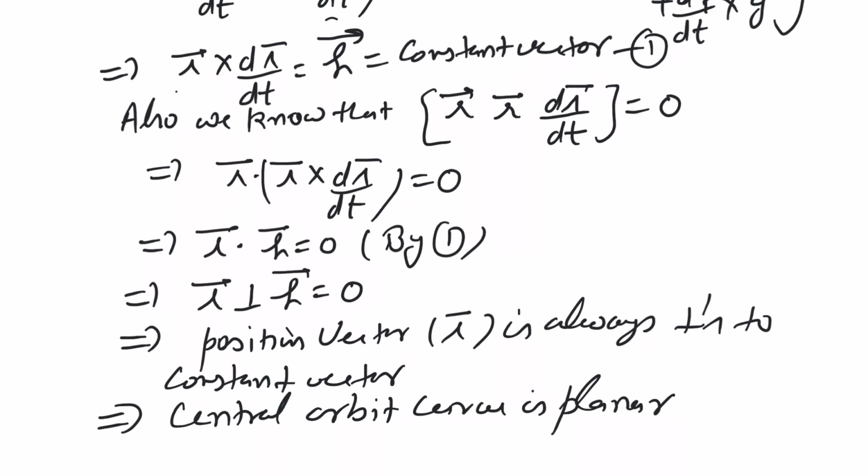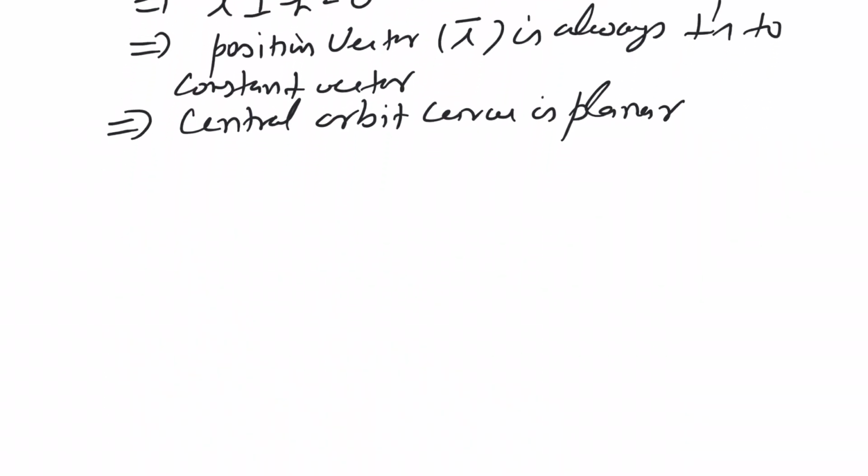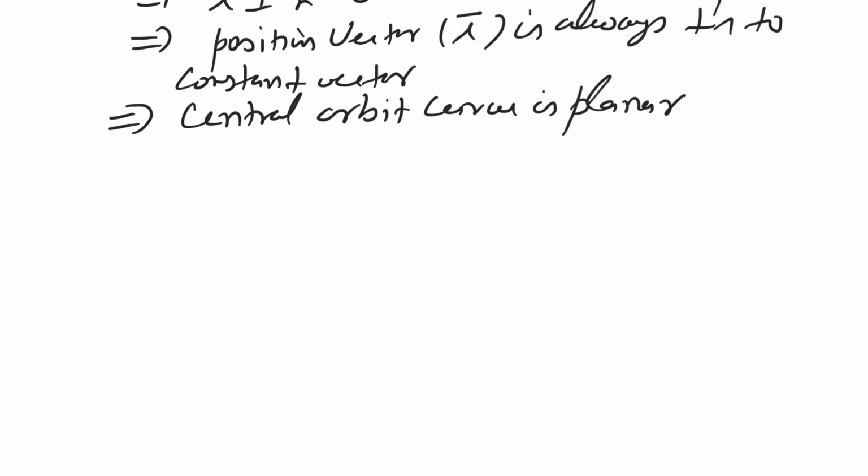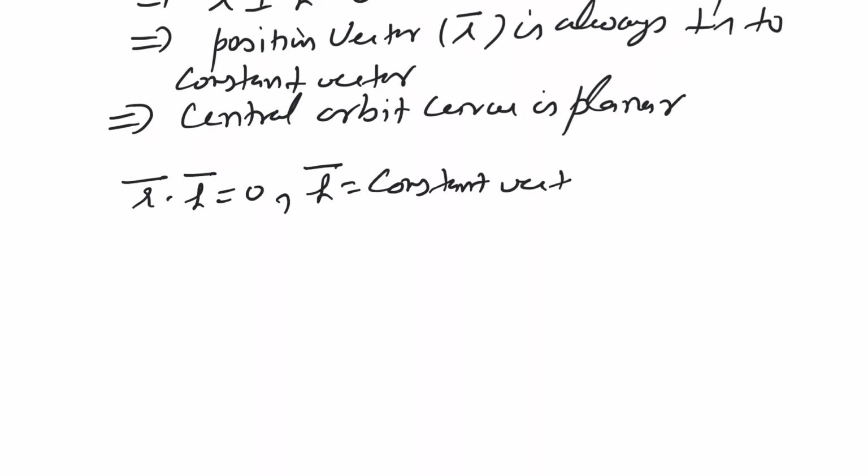We will be discussing this in a short time, and that concept is that if r dot h is equal to 0, where h is a constant vector and r is a position vector, we have to establish the result.